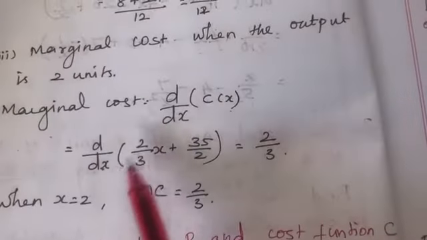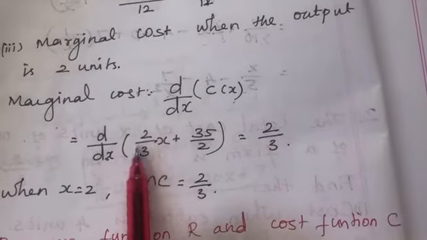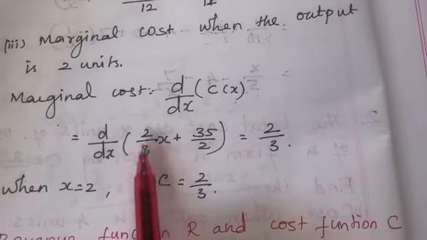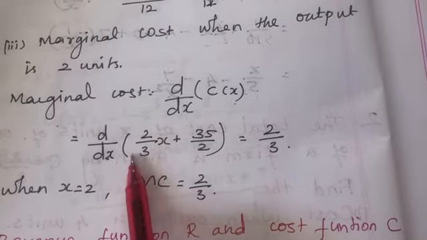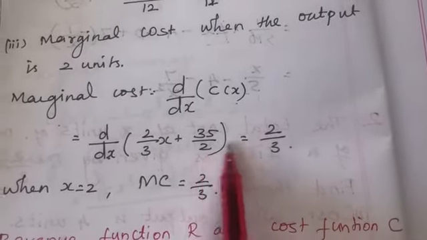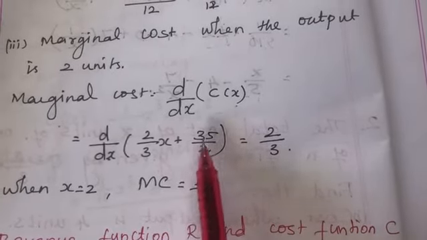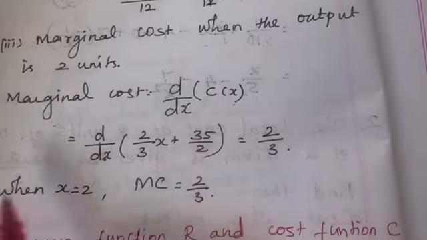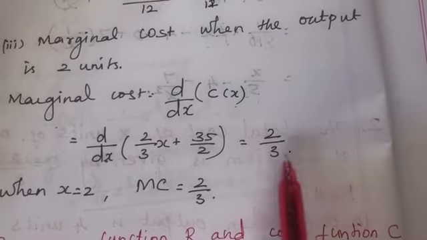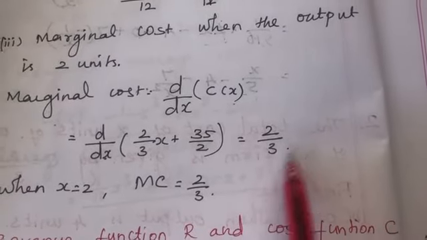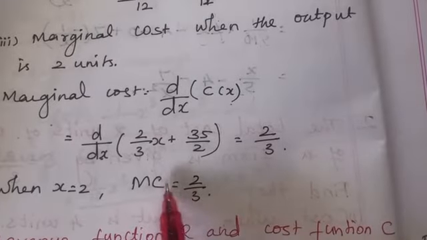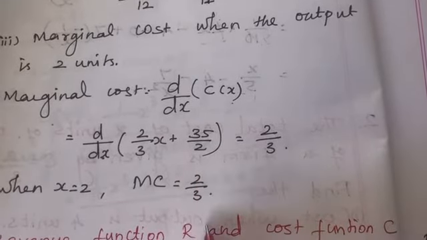While differentiating, 2 by 3x will become 2 by 3. Here it is a constant number, no x term is there. So, while differentiating this, it will become 0. So, when x is equal to 2, we couldn't substitute x here. So, marginal cost is 2 by 3 itself.